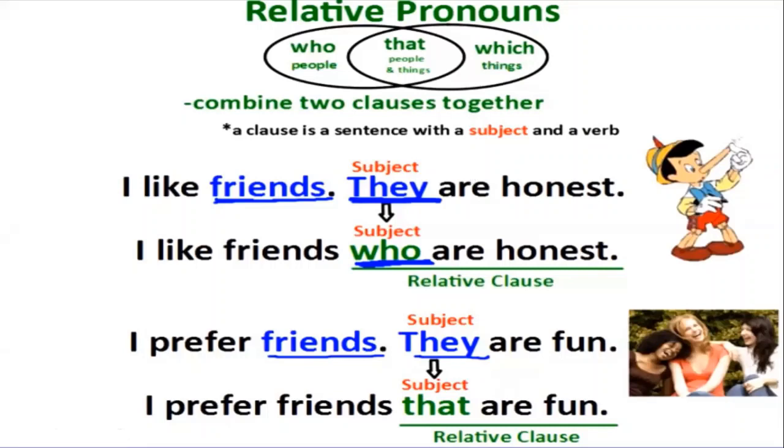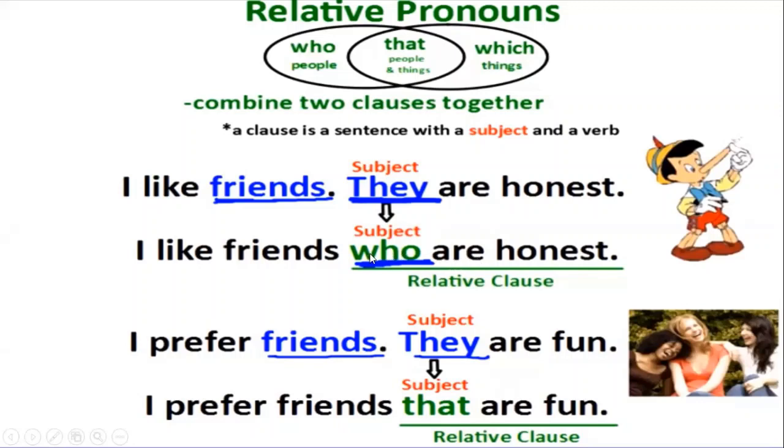Another way of identifying the subject version is when you have the relative pronoun and right after the relative pronoun, you use a verb, right?